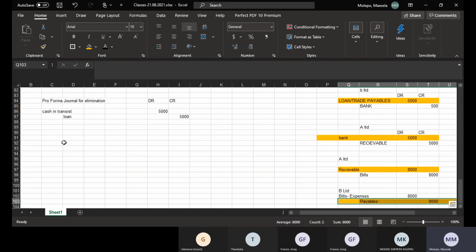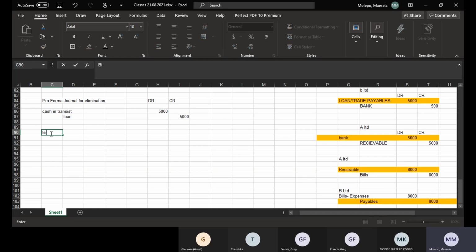So when you do the journal, it will be bills payable, the 8,000, and the bills receivable. So here it will be B, here is A Limited, and then this side will be B Limited.